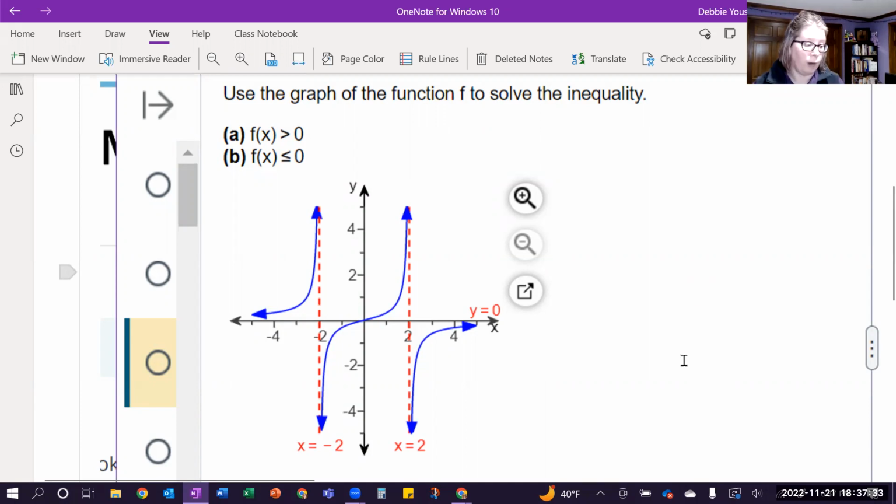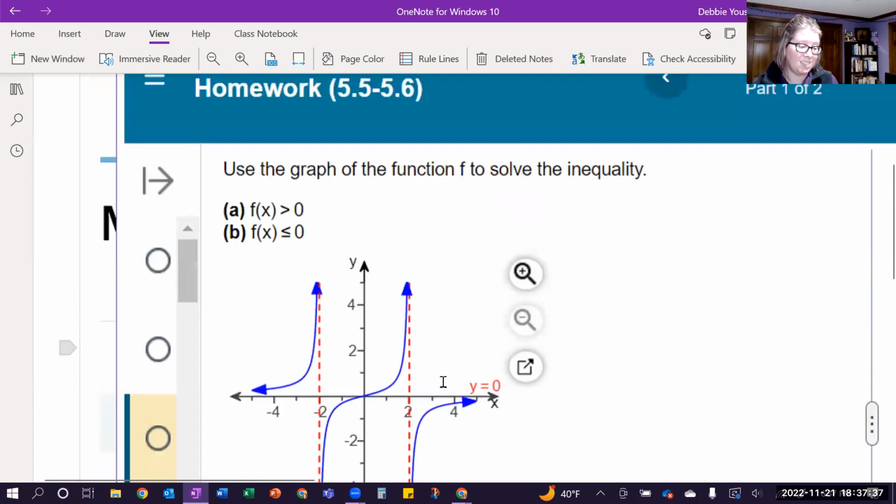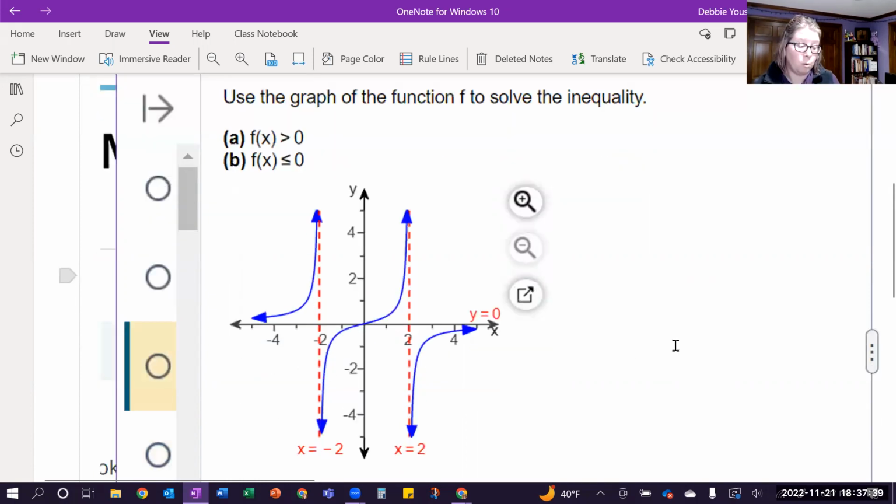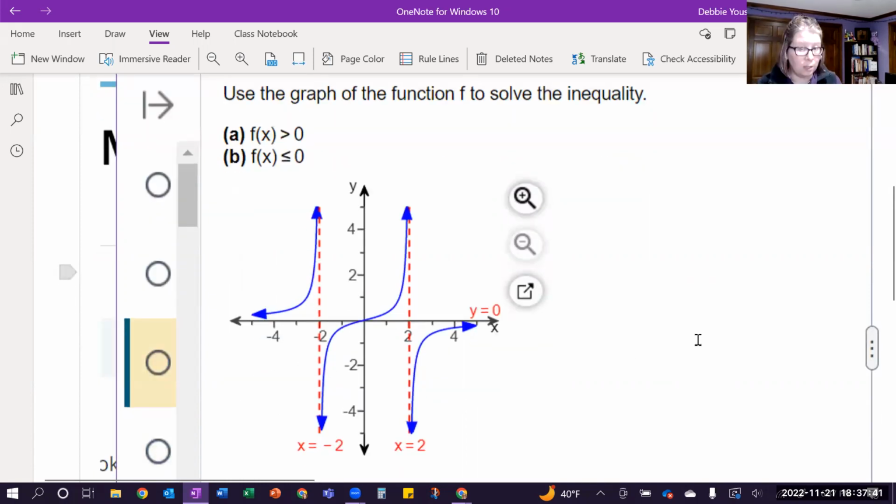So this is a rational inequality. I know it's rational inequality because I see asymptotes. I know it's not quadratic because it doesn't look like a parabola. And I know it's not a polynomial because it's not smooth and continuous with increasing and decreasing and no asymptotes. But the concept is the same.